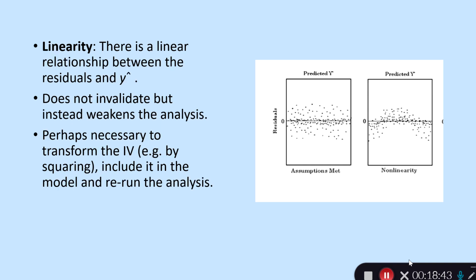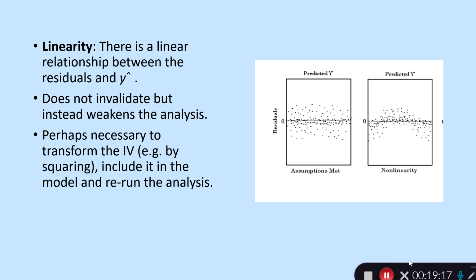Okay, so secondly is linearity. We're fitting a straight line model to the data. So if the data doesn't follow a pattern that can be represented by a straight line, then we're making a mistake. We're assuming there's a linear relationship between the residuals and y hat, the predicted y values.